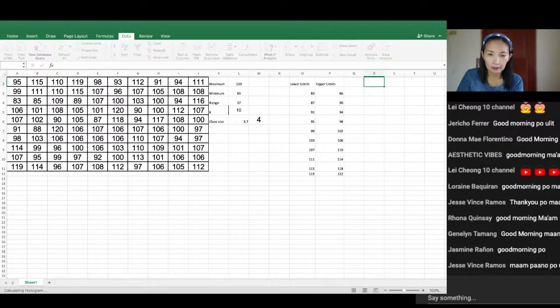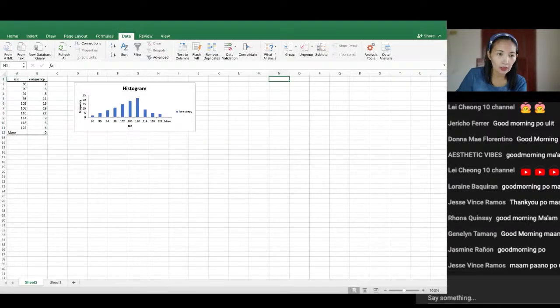Wait for a while. Okay, so take note that it has already displayed the frequency and a histogram.